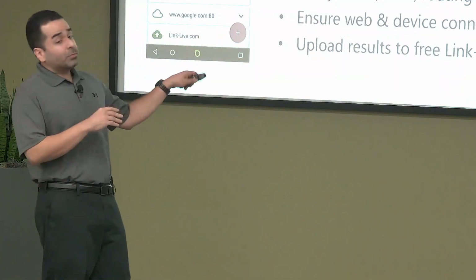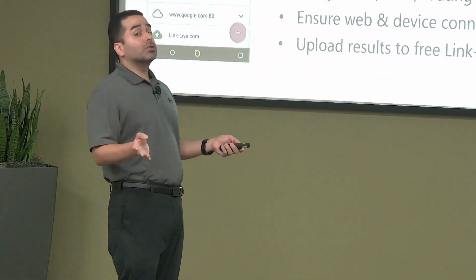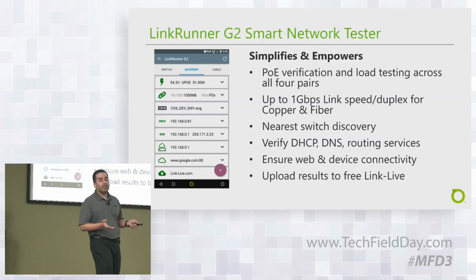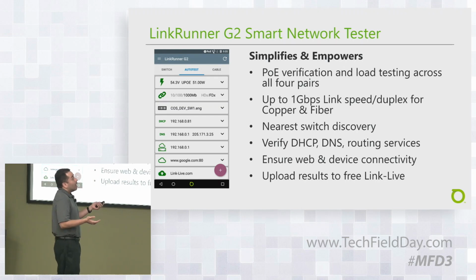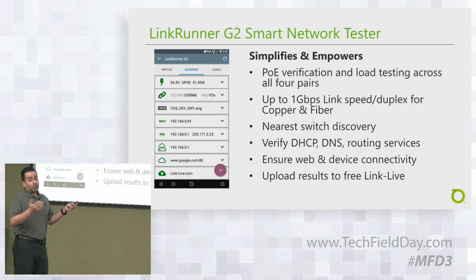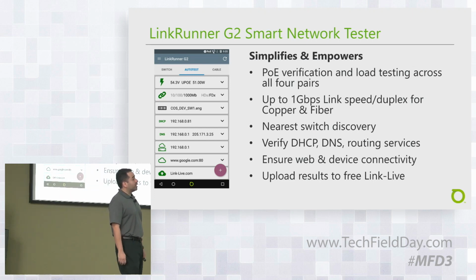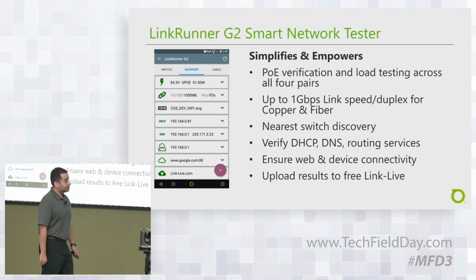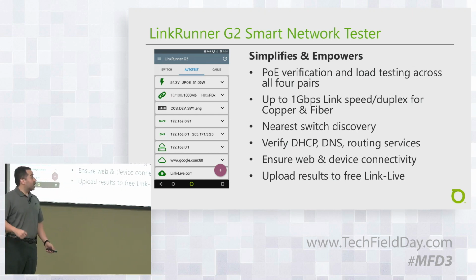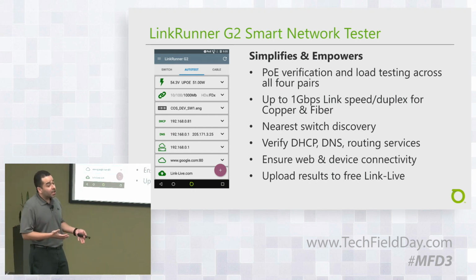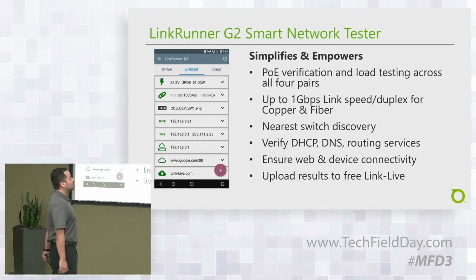So a few other things, very basic here, just to give those that don't know the product an idea of how it can help or simplify troubleshooting. PoE verification, load testing on all 4 pairs. Up to 1 gigabit of speed, link speed, duplex, copper and fiber. Nearest switch discovery. Like we mentioned earlier, you can verify DHCP, DNS, routing services.